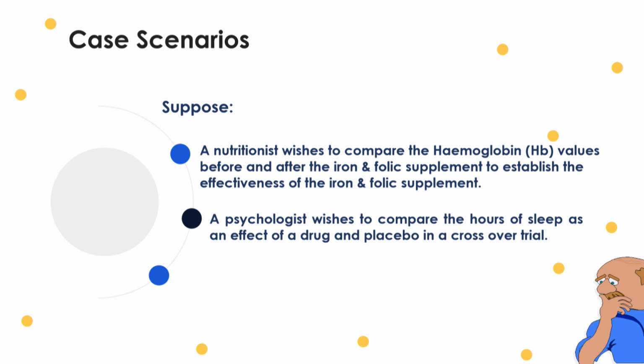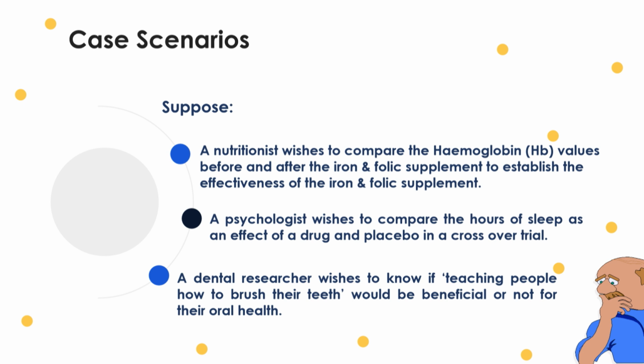They want to check how many hours the same person sleeps with the drug and with the placebo. And a dental researcher wishes to know whether teaching people how to brush their teeth is beneficial for their oral health, like teaching effectiveness, before and after.